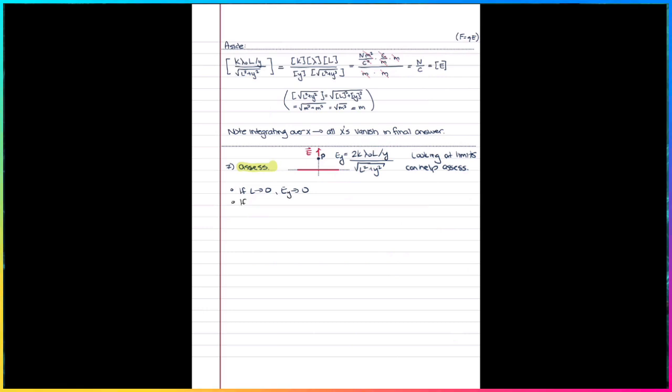Now, what about if y goes to infinity? So in this case, you're moving that point P farther and farther away from the rod, so that now this finite length rod is this tiny little blip on the horizon.